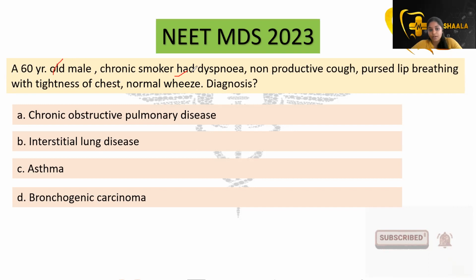Since chronic smokers are mostly associated with COPD only. And pursed lip breathing is another thing which they have given. That means the patient is dominating with emphysema. Emphysema is dominating in this patient, so we can go for COPD as the answer.